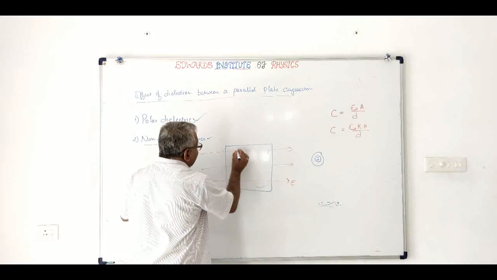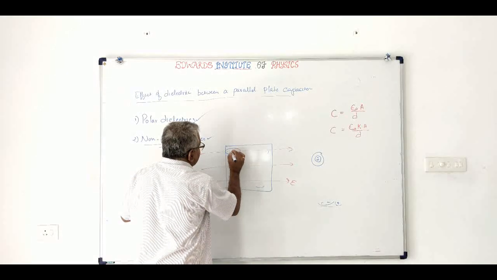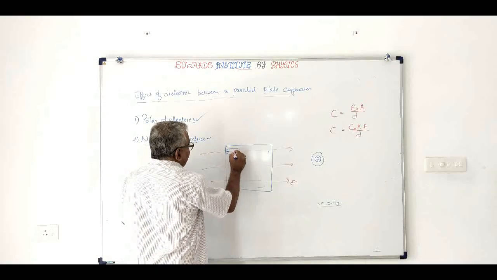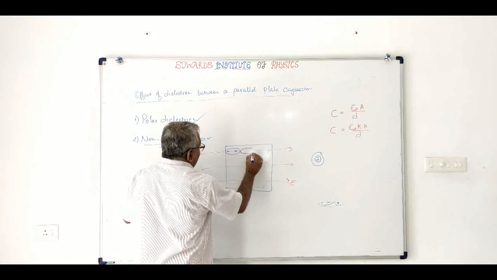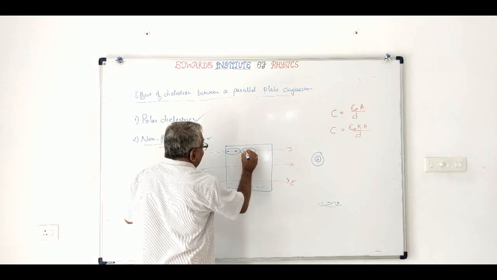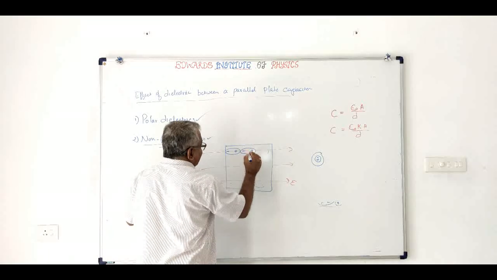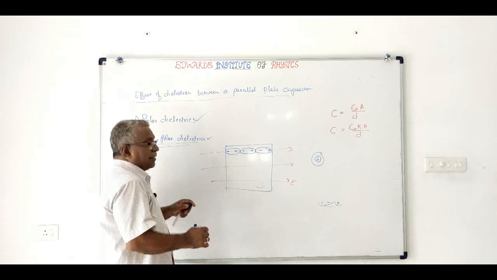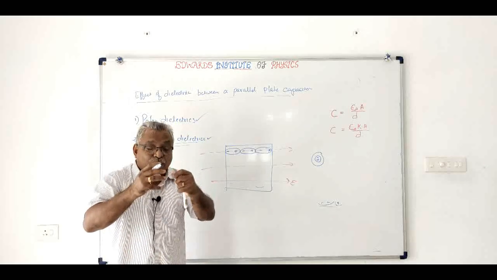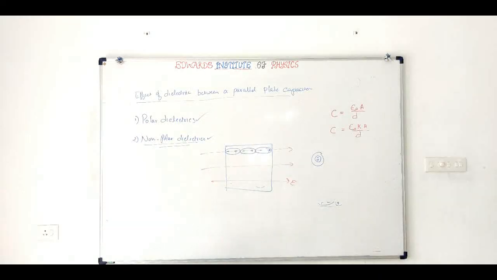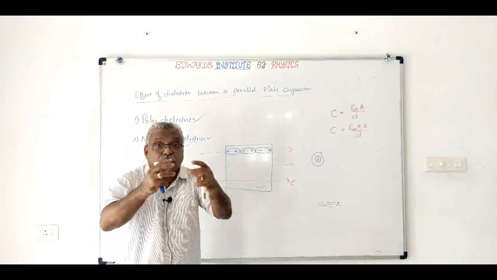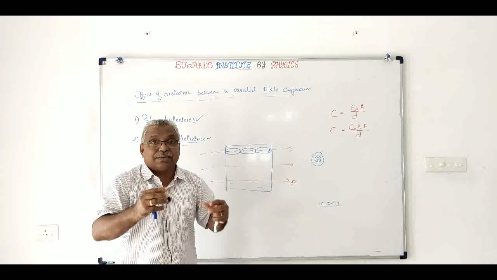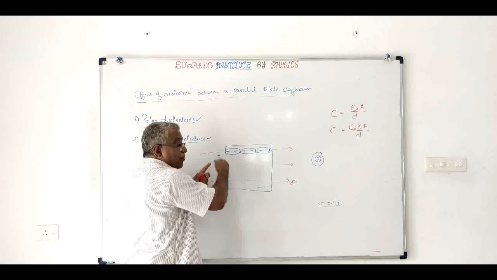Suppose this is the direction of the electric field, this will be positive. The molecules get a little elongated, not that the entire electrons will move like that.